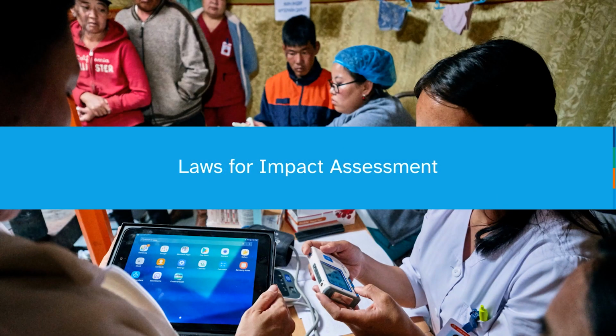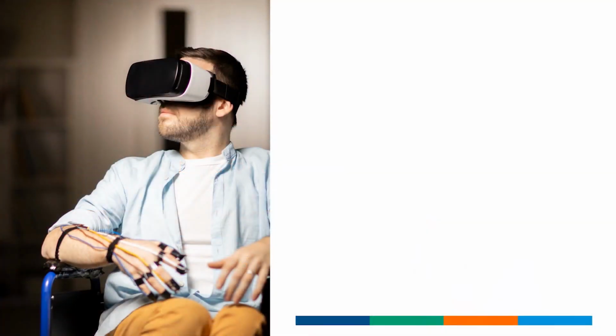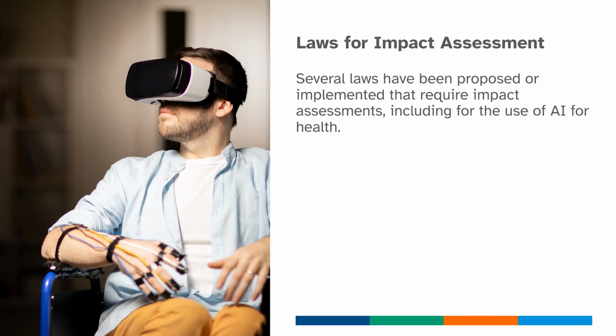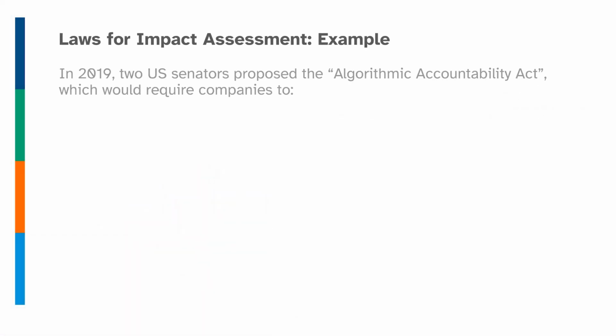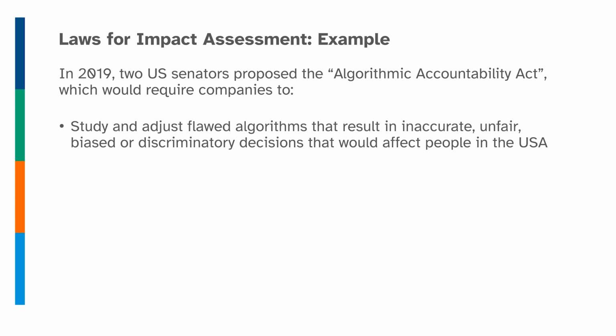Laws for impact assessment. Several laws have been proposed or implemented that require impact assessments, including for the use of AI for health. For example, in 2019, 2 US senators proposed the Algorithmic Accountability Act, which would require companies to study and adjust flawed algorithms that result in inaccurate, unfair, biased, or discriminatory decisions that would affect people in the USA.